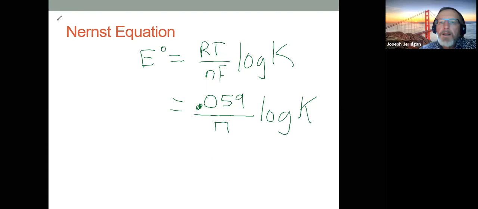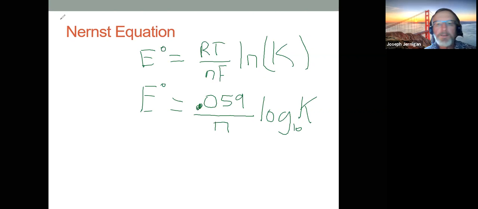That was natural log, and this is base 10 log. So that's the Nernst equation, another rendering of the Nernst equation.